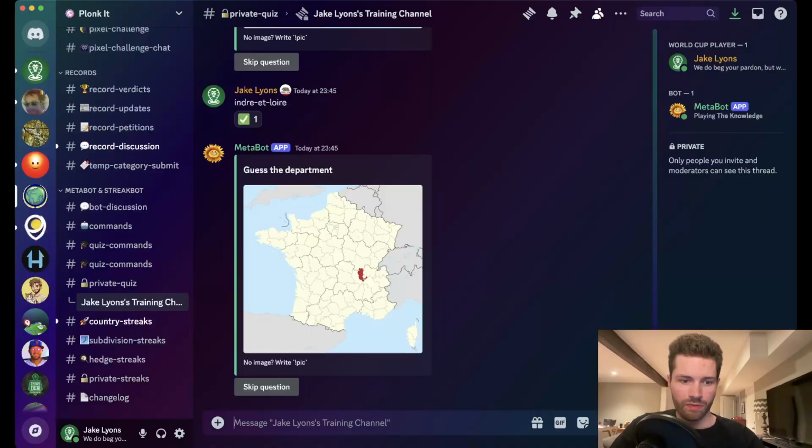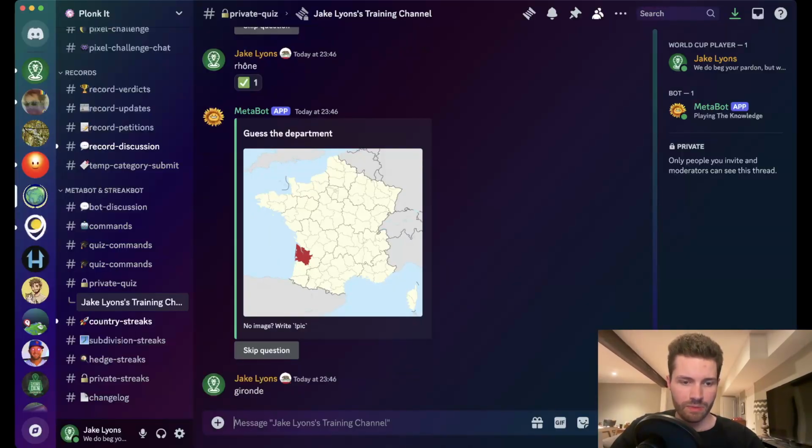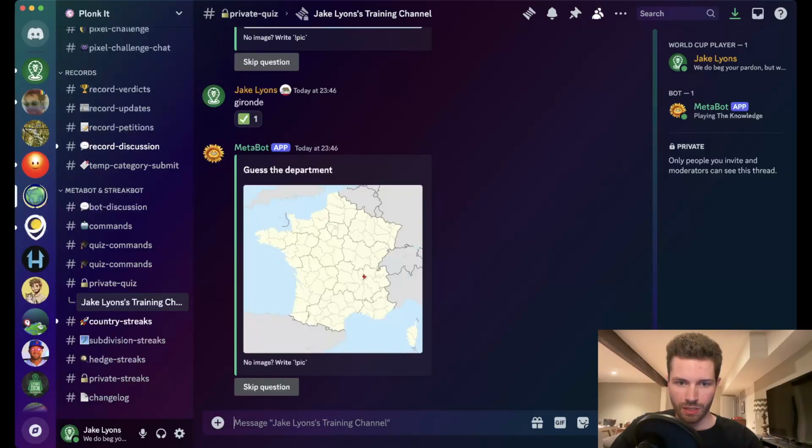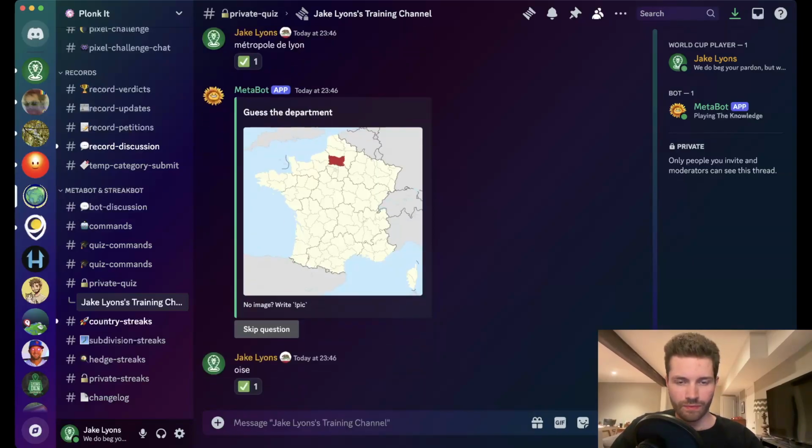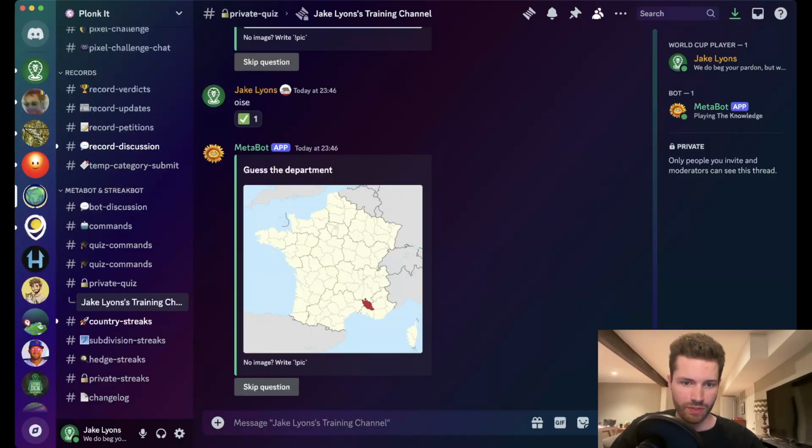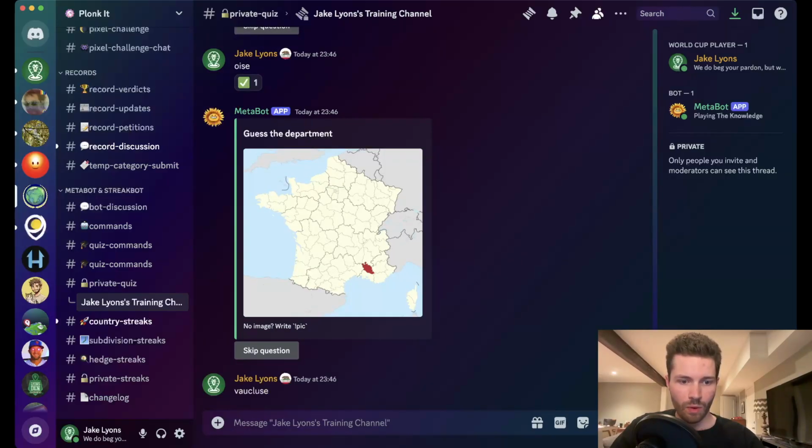So yeah, departments of France, they're pretty much all just named after rivers. A few of them are named after mountain ranges and stuff, but the vast majority of them are just rivers and streams. I guess none of them are streams, but some rivers are larger than others. That is for sure. And then there's confusing stuff like, for example, there are two rivers in France called Loire. There's La Loire, which is the big one.